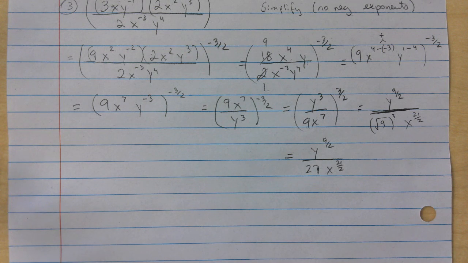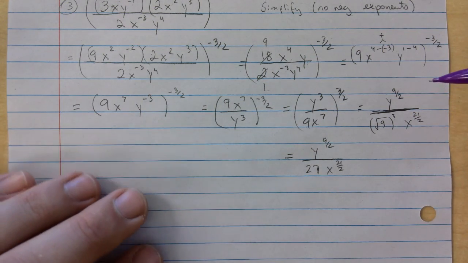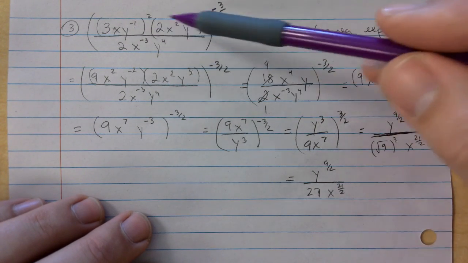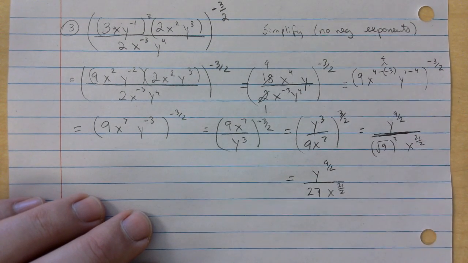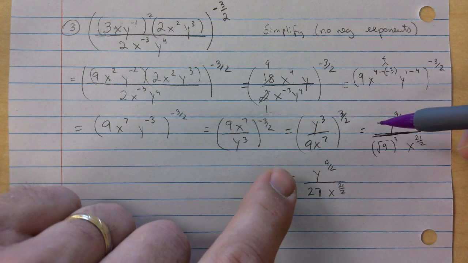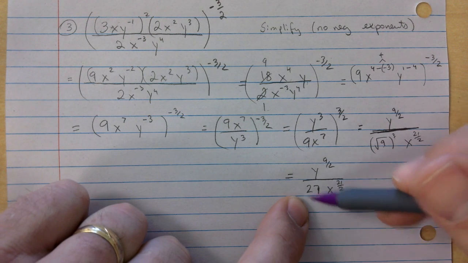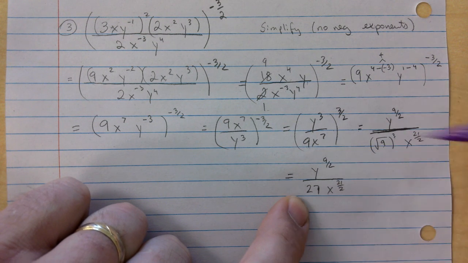Unfortunately, I forgot to put a negative in here. I think that would have made it a better review. Like just plug in a negative anywhere in here to see how you deal with it. But it is what it is, right? So this is what your final answer should look like.